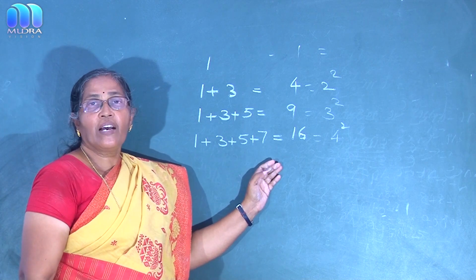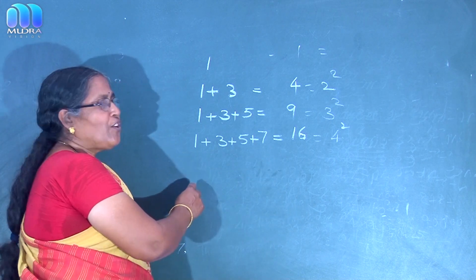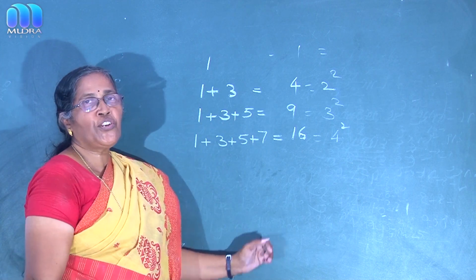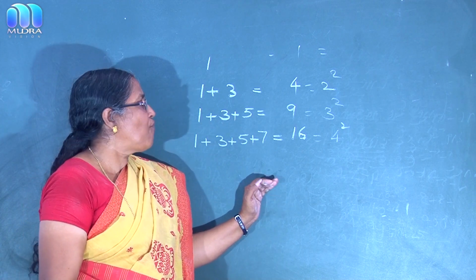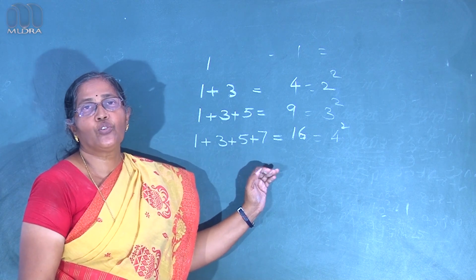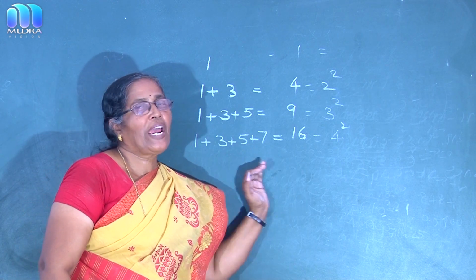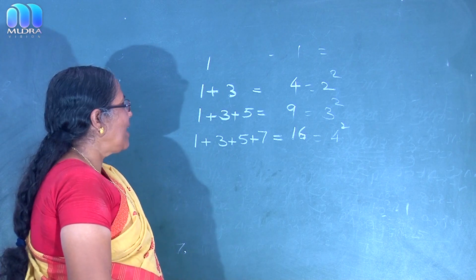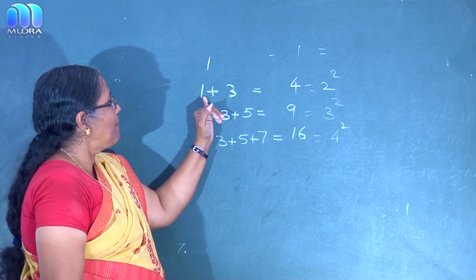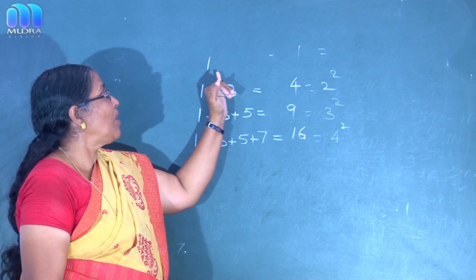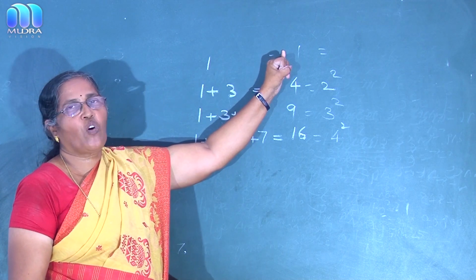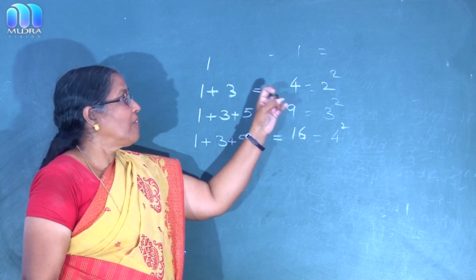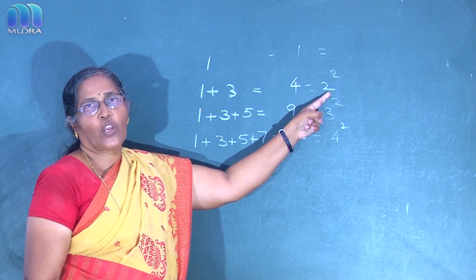Then may I ask you one question: can you find the sum of odd numbers from 1 to 20 without adding? Yes, we can find how many numbers are here. Here only one number, we get 1. Here 1 plus 3, 2 numbers, we get the answer 2 square.